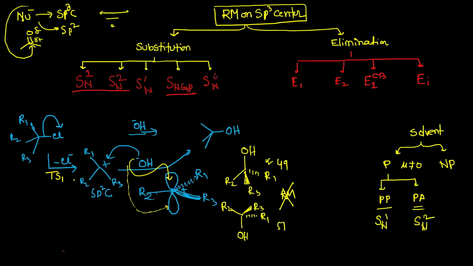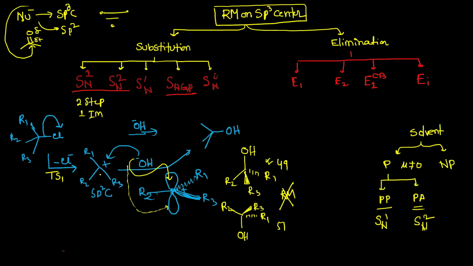Now I have used one term, transition state. What is this? A transition state is not a particular compound or an intermediate. Here, the total process is a two-step process. So in an SN1 reaction, two steps are involved, and one intermediate is formed. This is the carbocation intermediate.